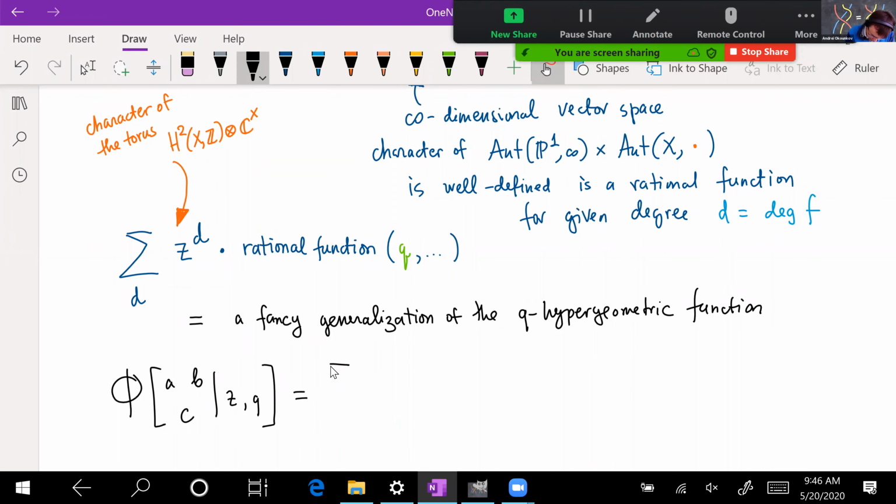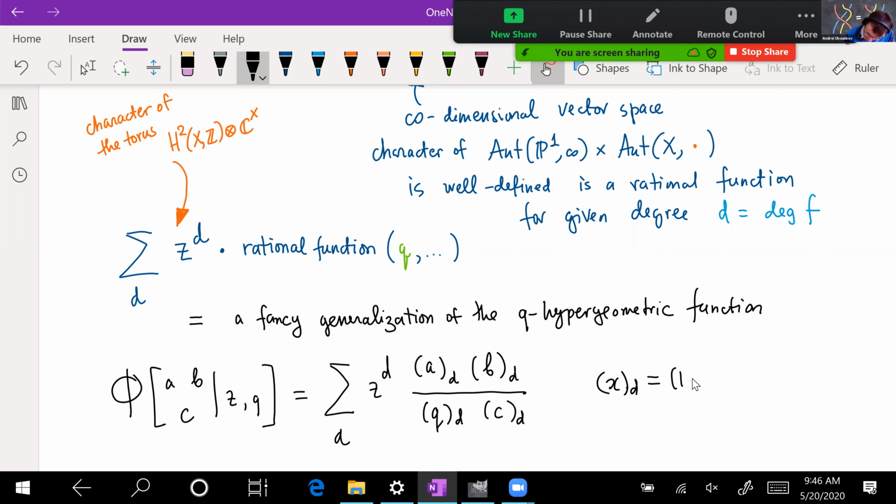So this is a summation over D. You take Z to the D, and the coefficient of Z to the D is a product of some kind of Q factorial expression. You write it as (A;Q)_D (B;Q)_D over (Q;Q)_D (C;Q)_D, where (X;Q)_D is (1 minus X)(1 minus QX), and so on, up to (1 minus Q to the D minus 1 times X).